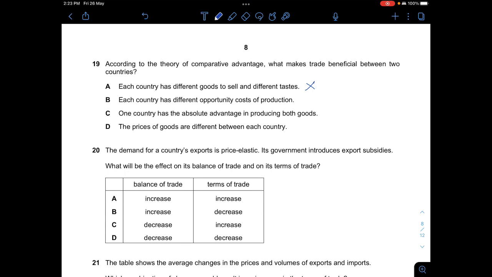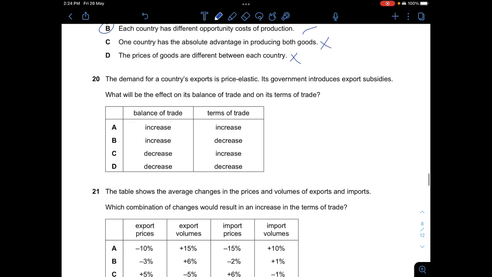So B says each country has different opportunity costs of production. Yes, that's correct. If one country has the absolute advantage in producing both goods, then there's no need to trade, because the country can produce both goods with the absolute advantage that they have. And D says the prices of goods are different between each country, not related. So the answer is B.